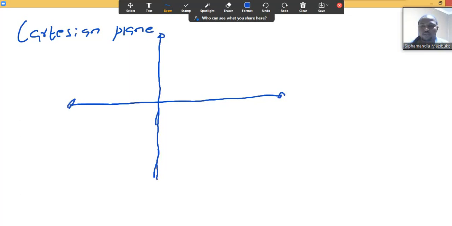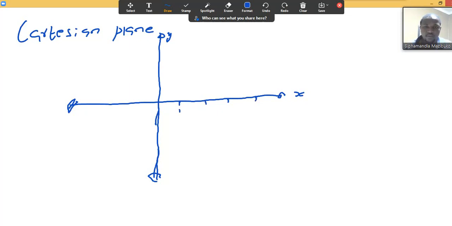So we're looking at the Cartesian plane. Normally we call this our y, this our x. Let's say we have numbers like that: 1, 2, 3, 4.